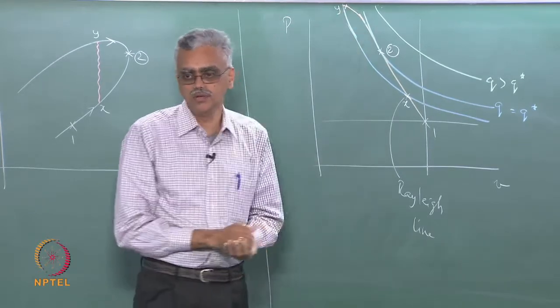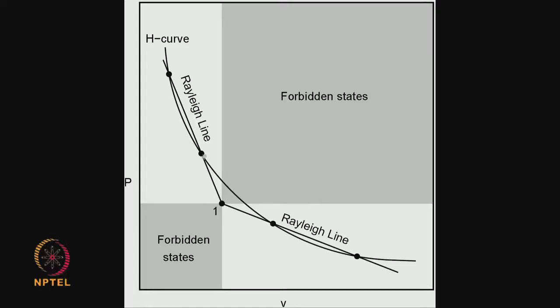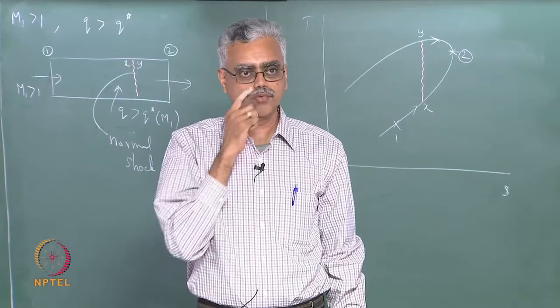So basically what I am doing is I am starting from state 1, going up to some value of q, right, and then a normal shock is triggered. So I stay on the same Rayleigh line and the same H curve. Notice that y must be on the same H curve, it cannot be on a different H curve because there is no heat addition in the shock wave, right.